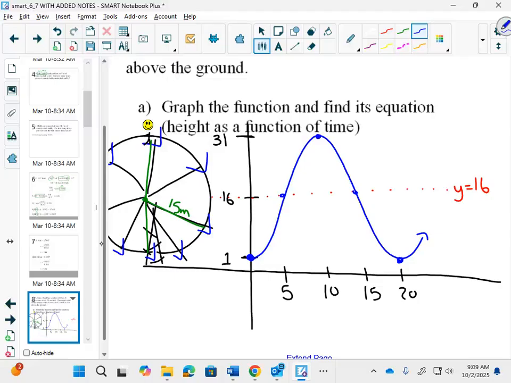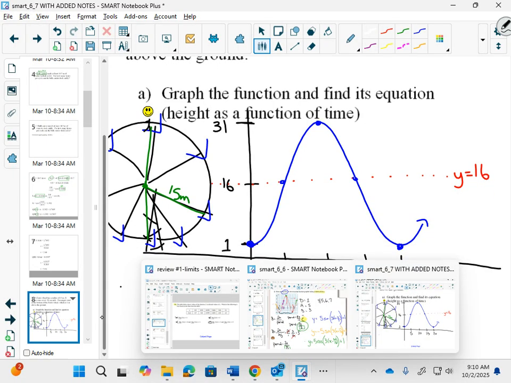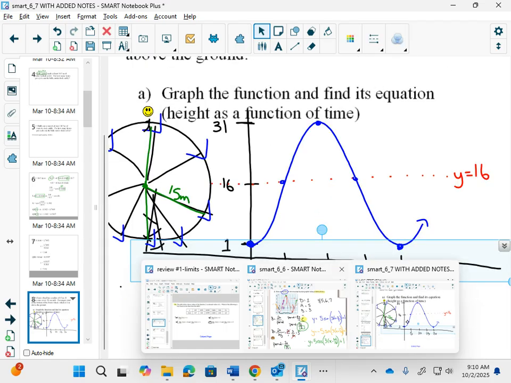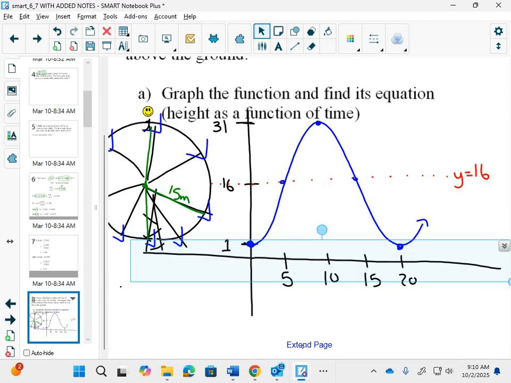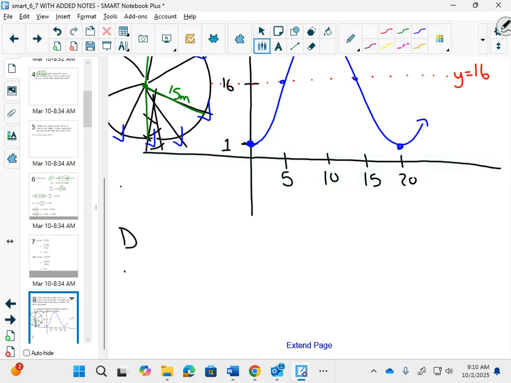So we graph this one, and then it says find its equation. So to find its equation, we can think about D, A, B, C. And like I said, we already figured out that your D value was 16.